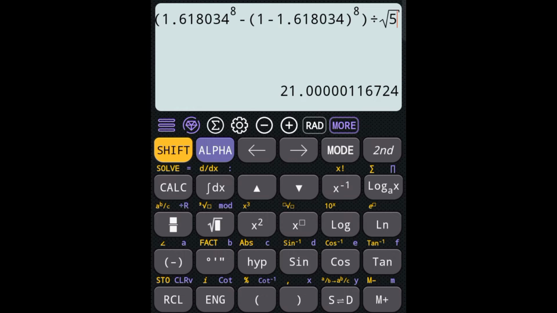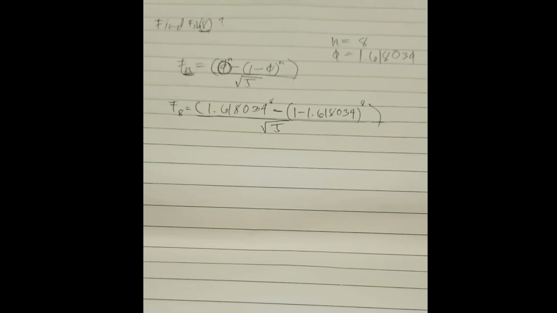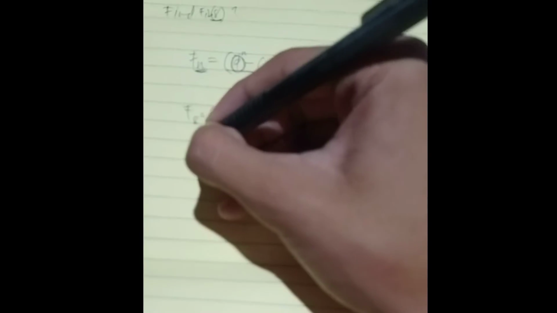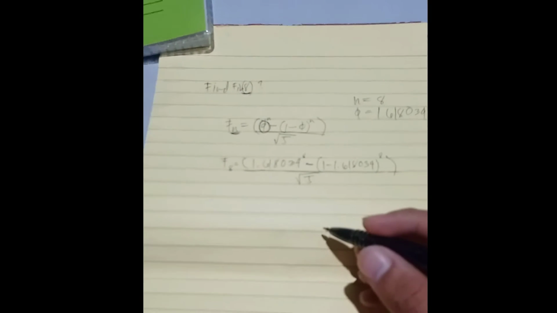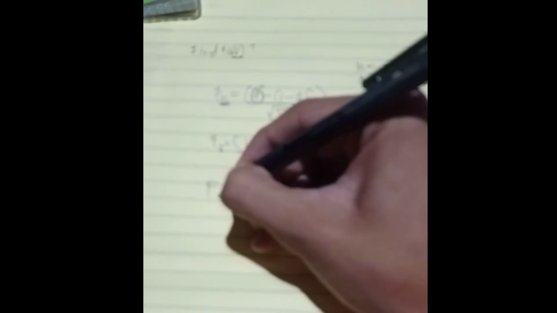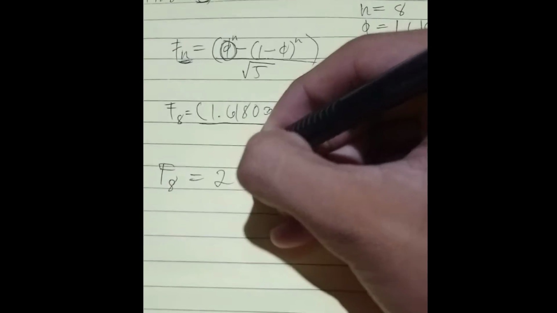So the value is 21.000016724. Round off, so the value is 21. Based on the video of how I solved it using a scientific calculator, the value of f sub 8 is equal to 21.